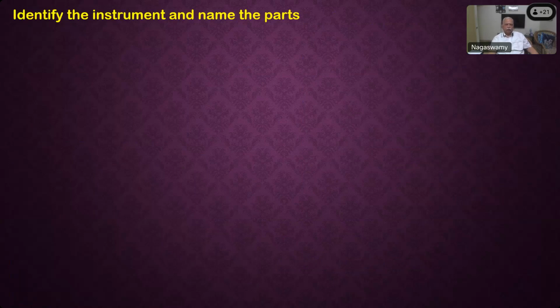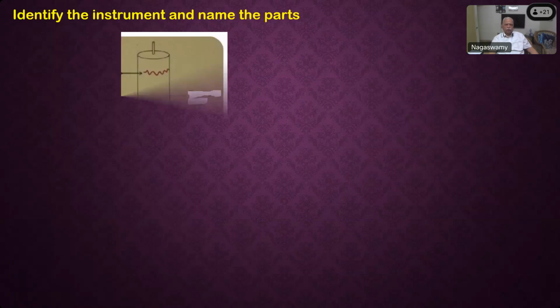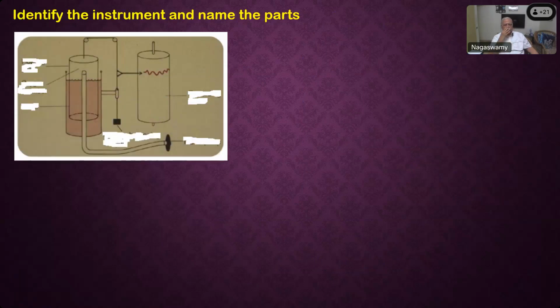Now, some of the instruments which are used for measuring these things, I'm going to show the instruments and you should name the parts of the instruments. What is this instrument?